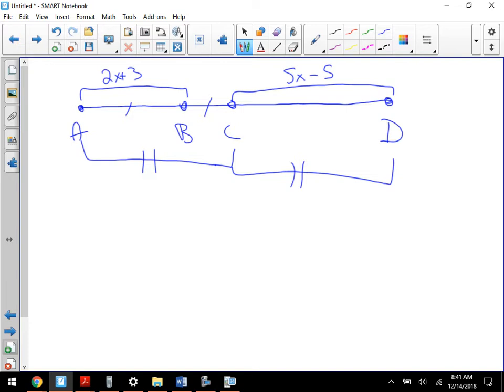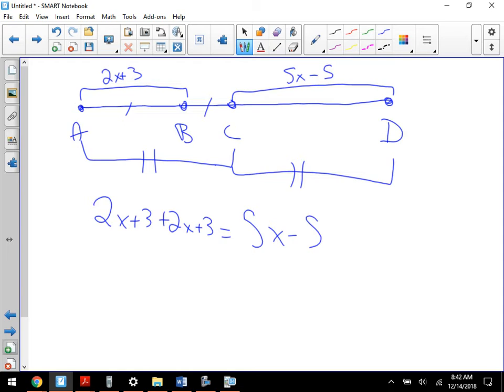This one here, following instructions. It tells you certain parts that were equal, and you had to make your tick marks accordingly. In this case, it said that AB was congruent to BC, and AC was congruent to CD. So when you fill in those things and you're looking at it in terms of the diagram, even though the picture itself might not be drawn to scale, which is fine, then you know you have to go 2x plus 3 plus 2x plus 3 equals 5x minus 5.